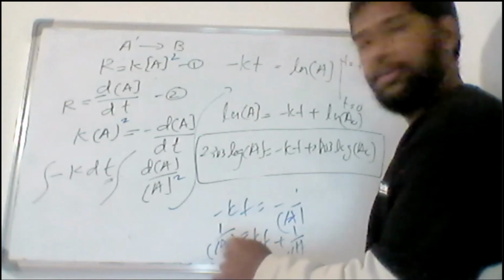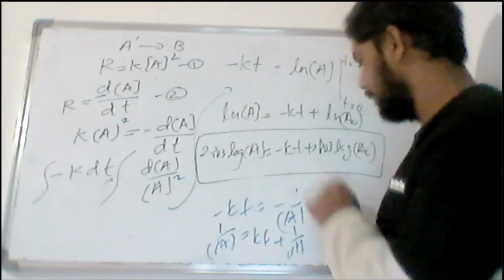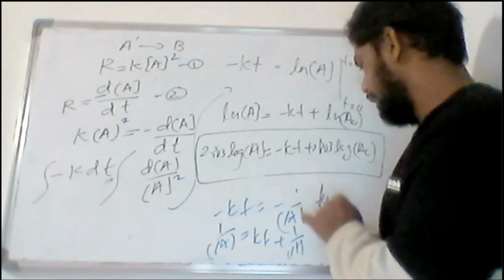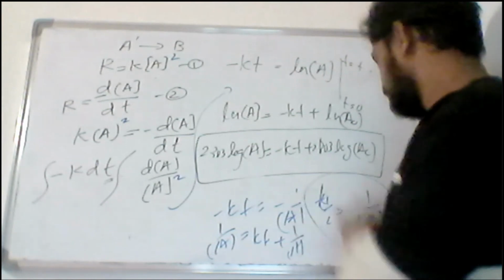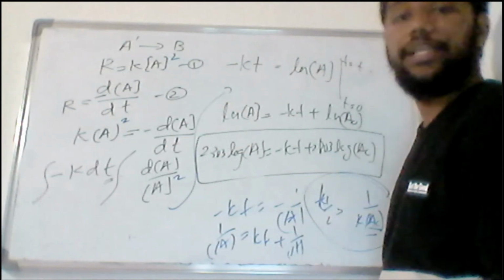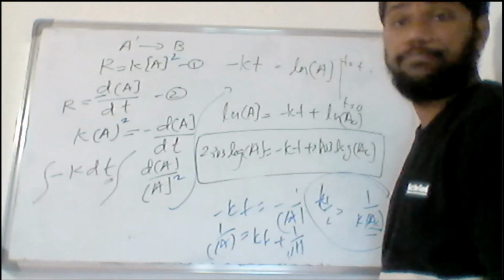Then you can put A naught over 2 here and find t half, and you will see t half is 1 over k A naught. So there is a concentration dependency for a second order reaction.